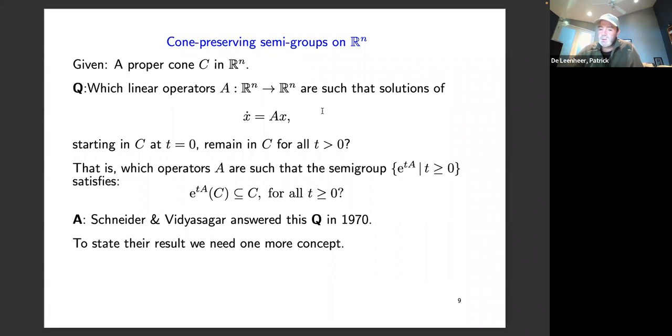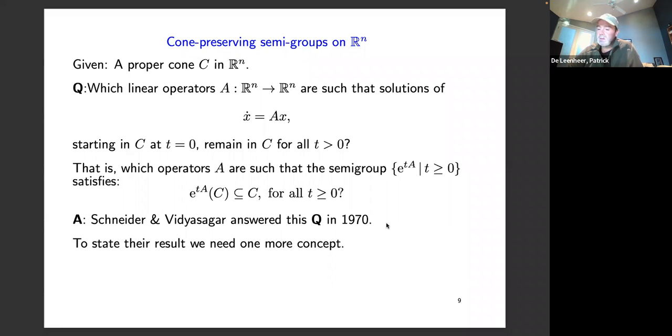So the way to say this is which operators have the property that this semigroup of matrix exponentials has a property that it preserves the cone. So if I apply this for any t to the cone, I'm still in the cone.